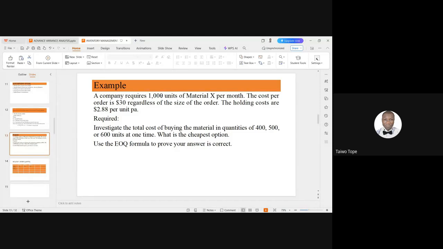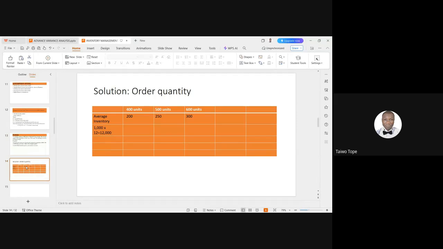You have 12 months in a year, so you have 12,000. Now, if you are making an order of 400 units anytime you need the raw material, or 500 units, or 600 units, how many orders will you make in a year if you are buying 400 units per order?